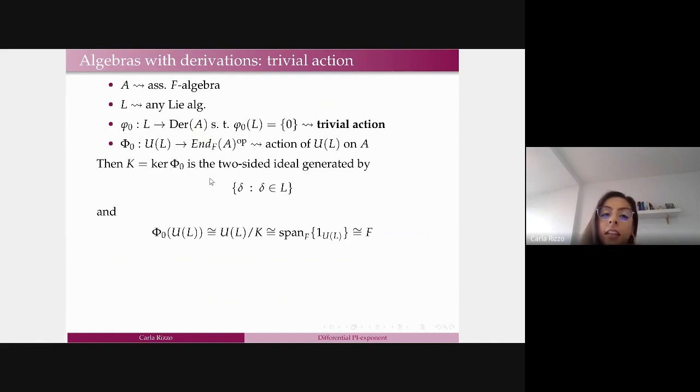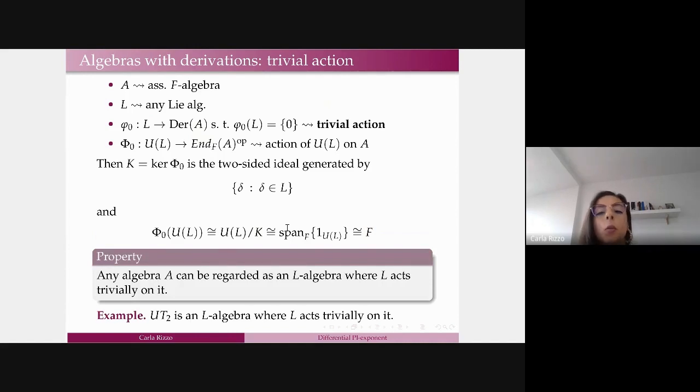In this case, the kernel of the homomorphism phi0 is, of course, the two-sided ideal generated by any element of L. So the image of UL is clearly isomorphic, by the homomorphism theorem, to UL modulo the kernel, which is actually isomorphic to the field. So the only interesting action is the one of the unit. So basically, we have just the normal associative algebra.